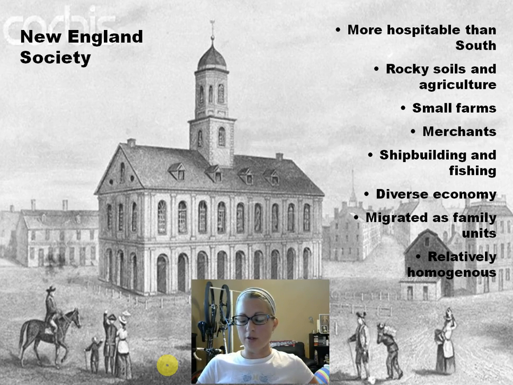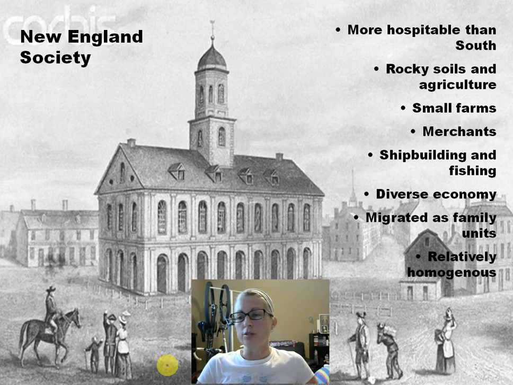However, in the New England colonies, it's more small-scale agriculture. The reason you don't see large-scale plantation agriculture in New England is because of the soils, which we've already looked at. Rocky soils made it hard; they'd have to move all this rock out and stuff. And so they focus on small farms producing food and small cash crops.